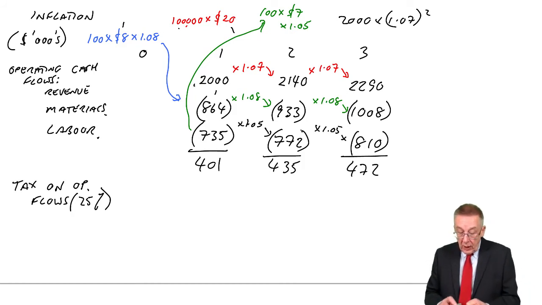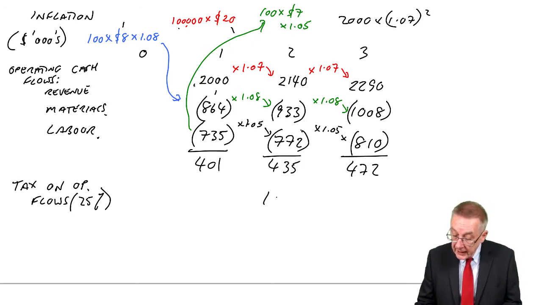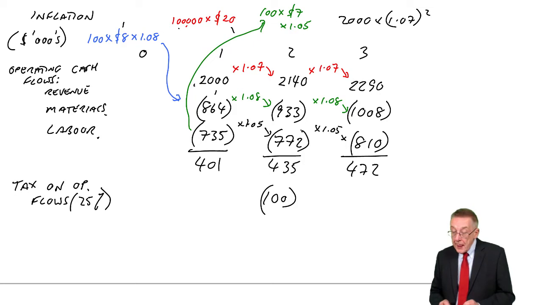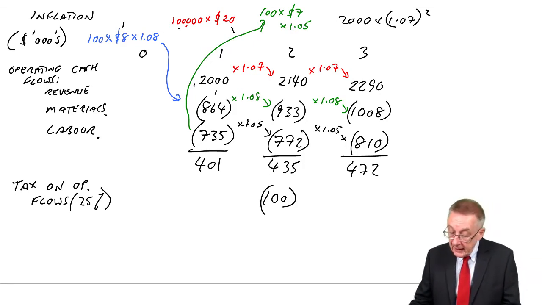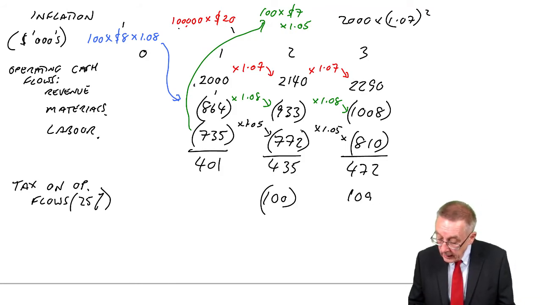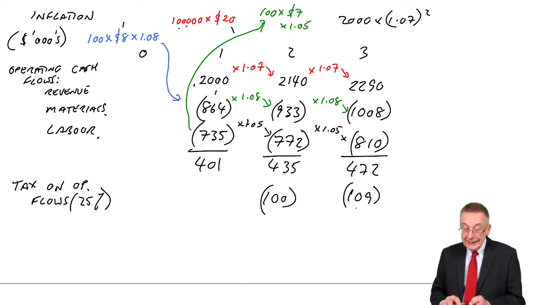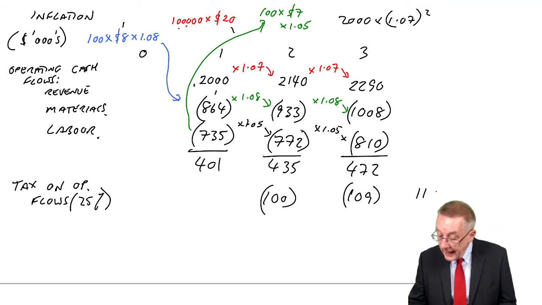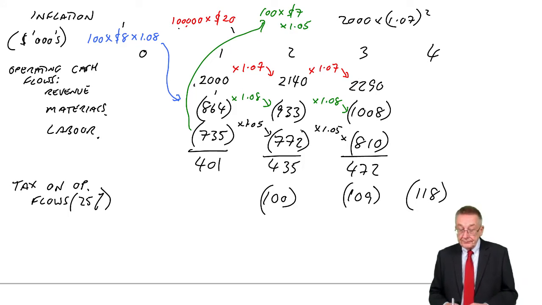So on 401 at 25%, the tax is 100, an outflow 1 year later at time 2. 435, 25%, is 109, 1 year later at time 3. And 472 at 25%, 118, 1 year later at time 4.